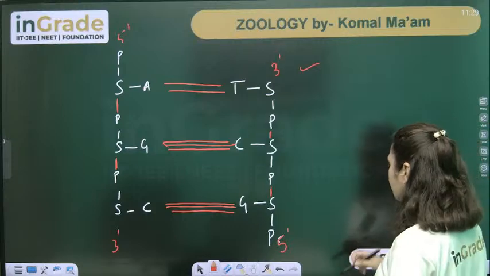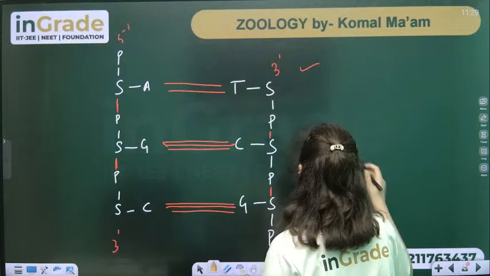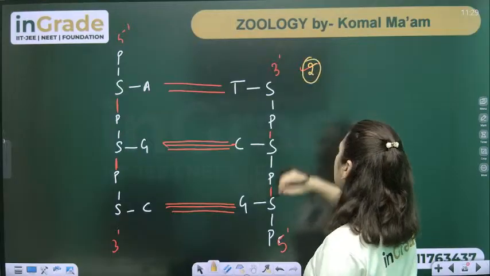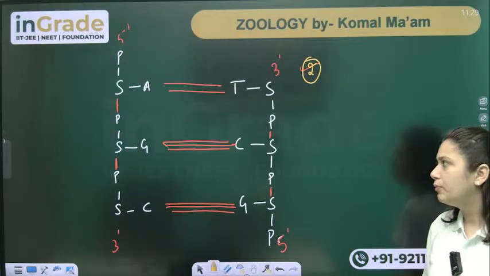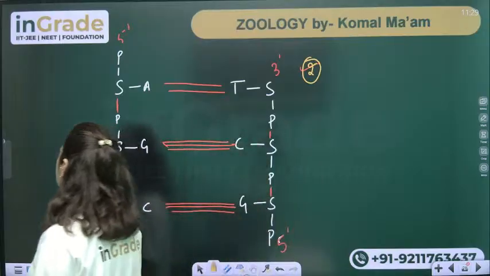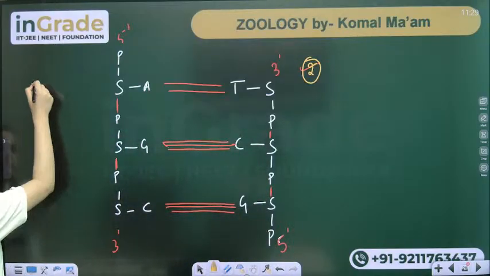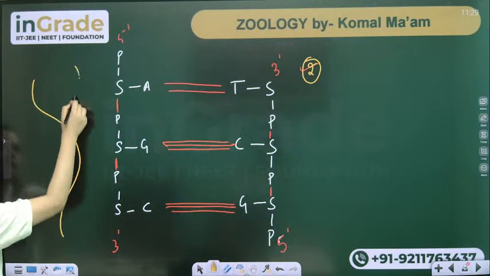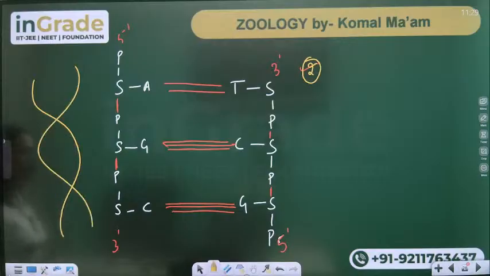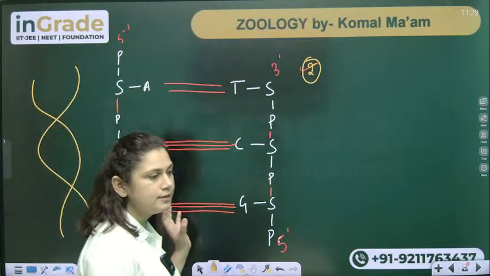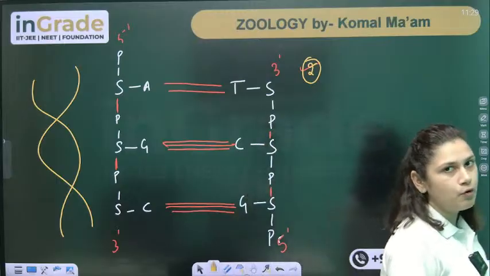The second point which is told to us is that the strands are not coiled upon each other. As we have seen in many pictures or diagrams, the strand of DNA looks something like this, so it creates an illusion like they are coiled upon each other.